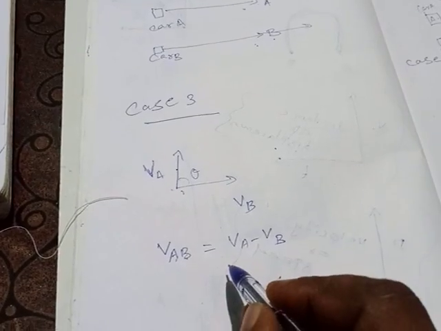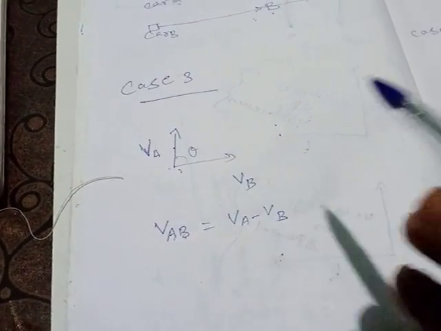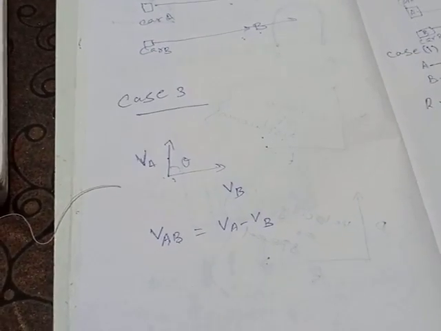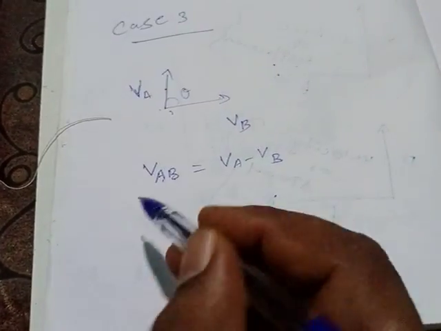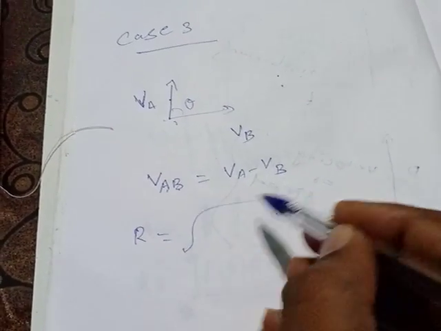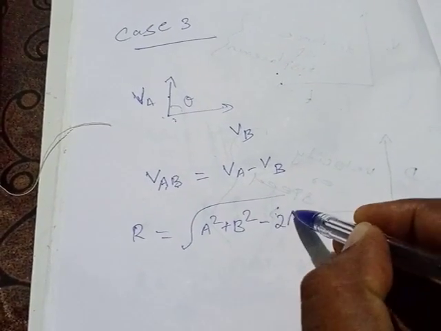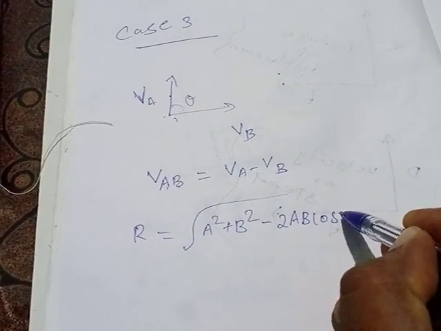Now you have to find the magnitude also, because here it makes an angle theta. In the triangle law of addition you found R is equal to root of A square plus B square plus 2AB cos theta.